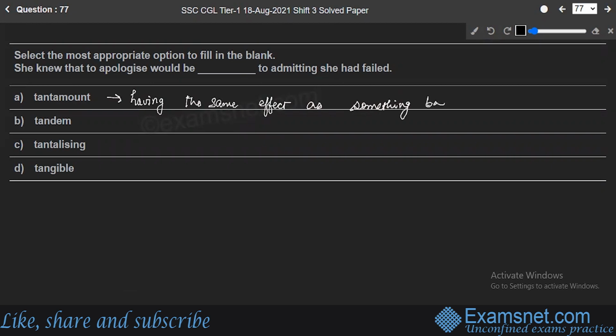Next one is tandem. It means having two things arranged one in front of the other.